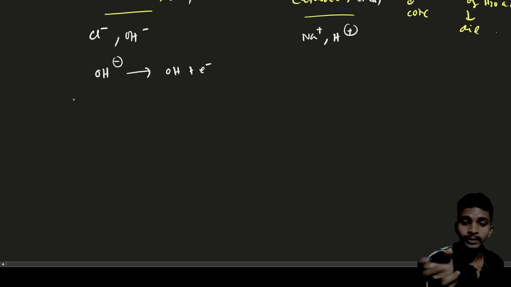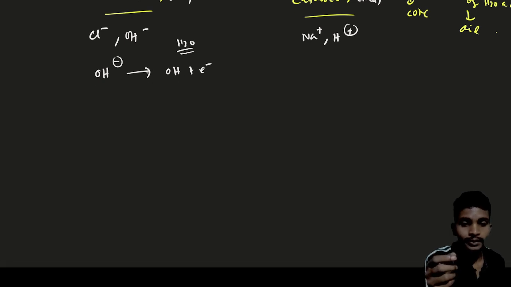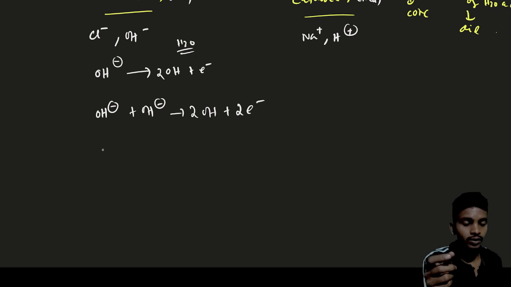Have you seen OH? We see water, but OH we never see. So what happens is, for 2OH we need 2OH minus. 2OH minus gives 2OH plus 2 electrons, and 2OH means OH plus OH, which is going to give water.